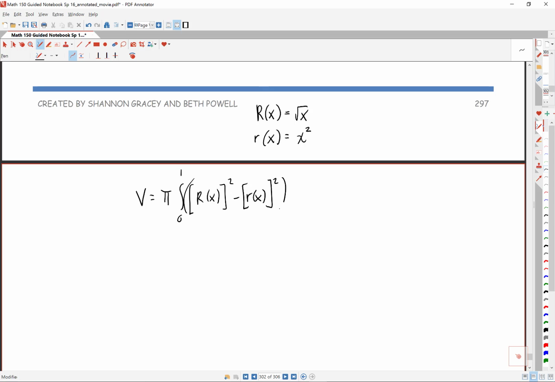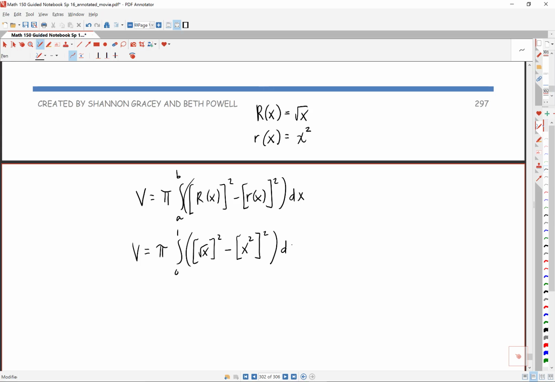So plugging in those things, actually let's do this in general, it would have been the integral from a to b. Now our a is 0 and our b is 1. And then we'll have root x squared minus x squared squared, all with respect to x.